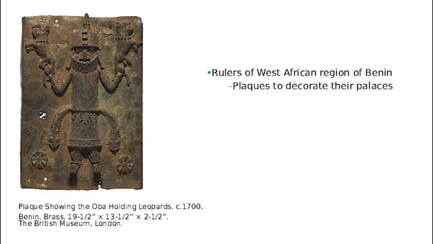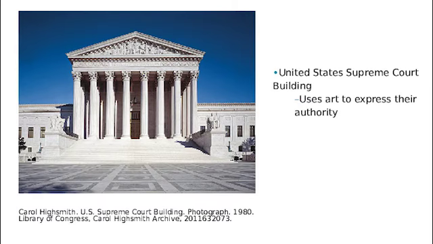Now looking at some political architecture, this is the United States Supreme Court building, and if you look at it, you can really see it's using art to express authority in a way. If you take a step back and think, if I was the architect of this, what am I trying to make people think about the United States Supreme Court when they look at this building?